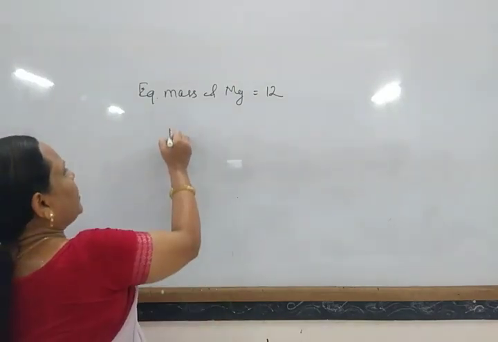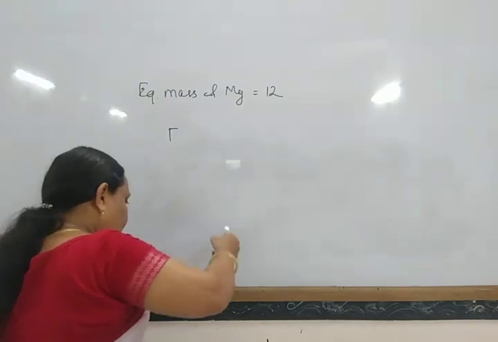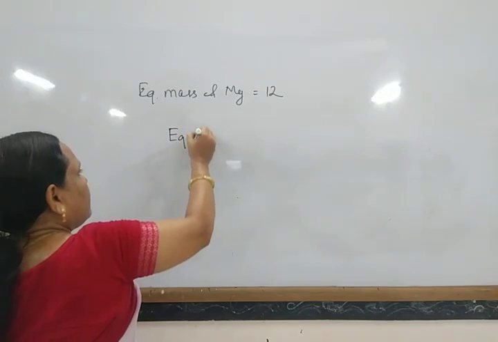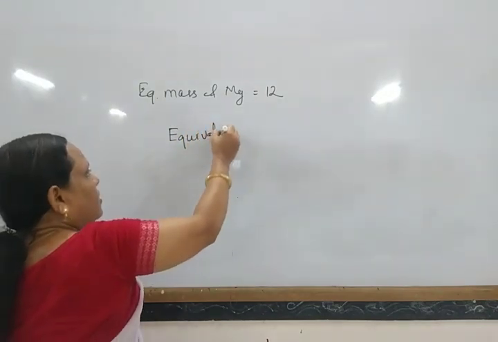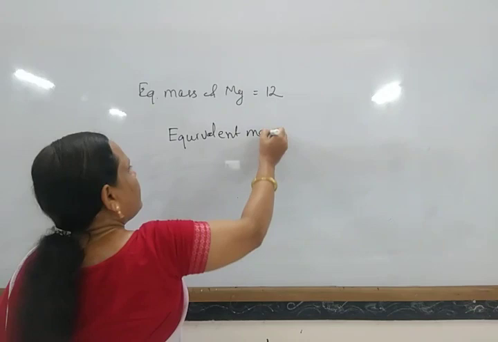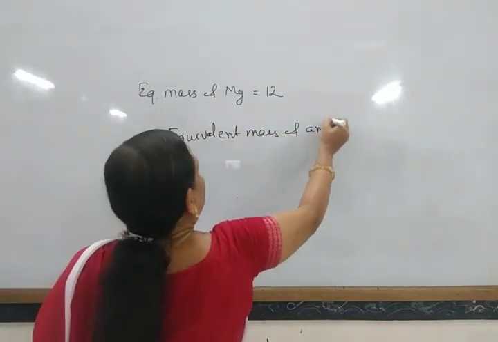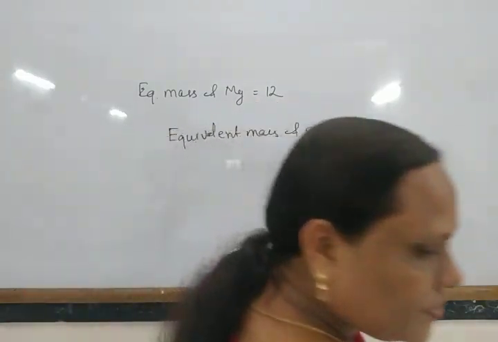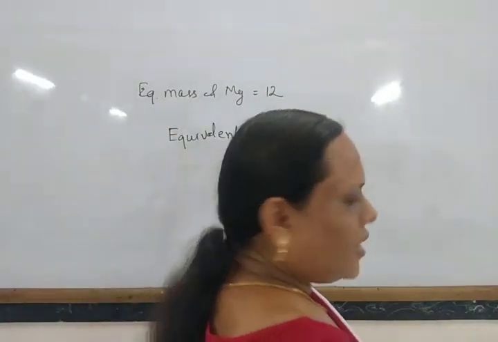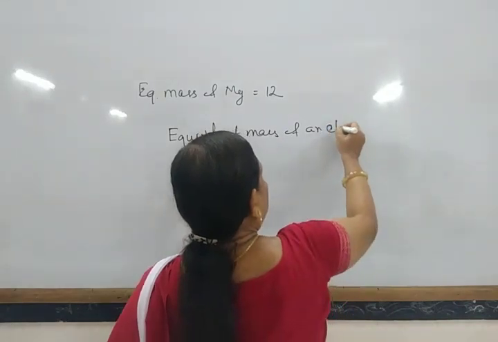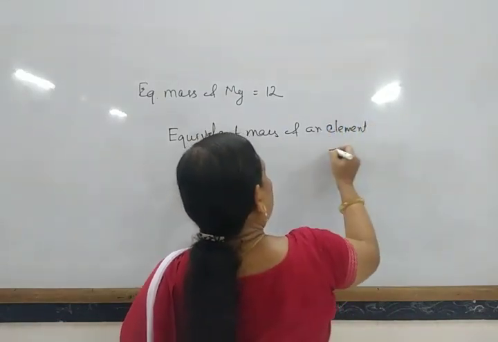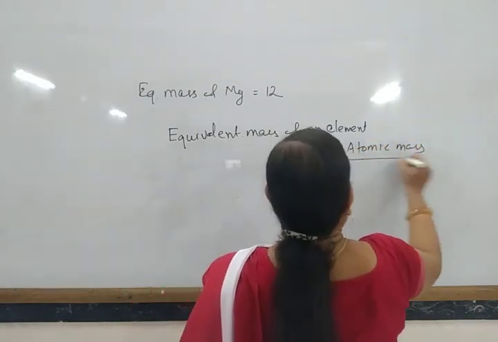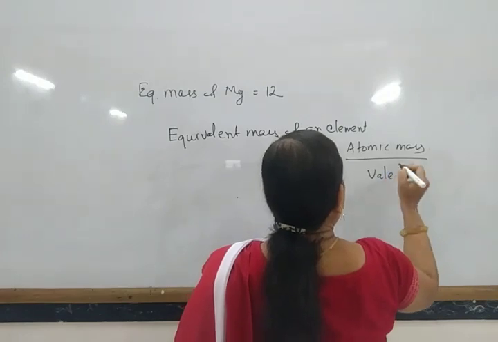So in this way, equivalent mass of an element equals atomic mass by valency. Equivalent mass of an element equals atomic mass by valency.